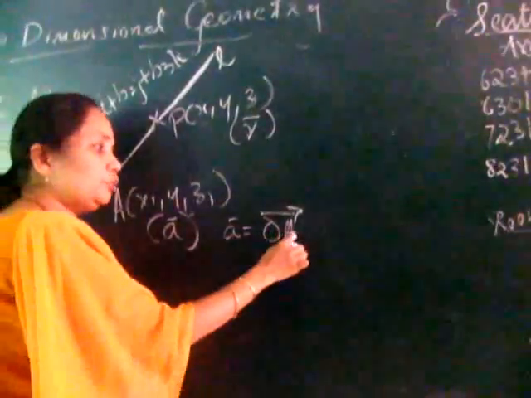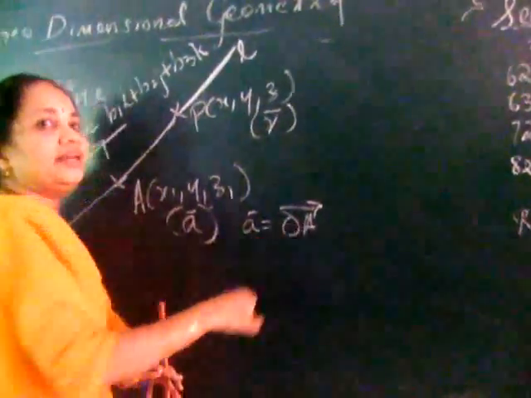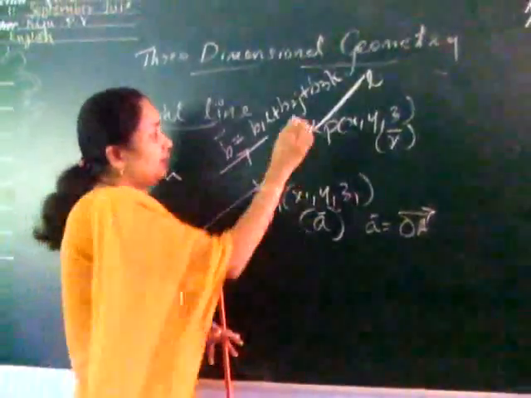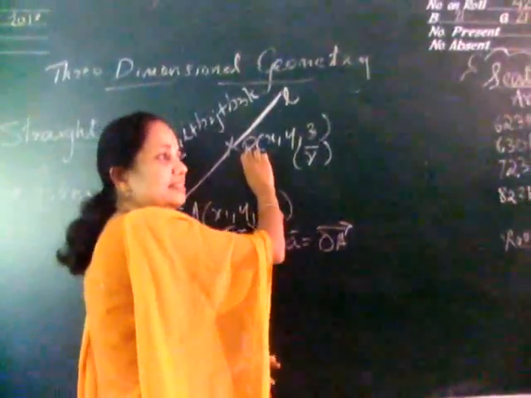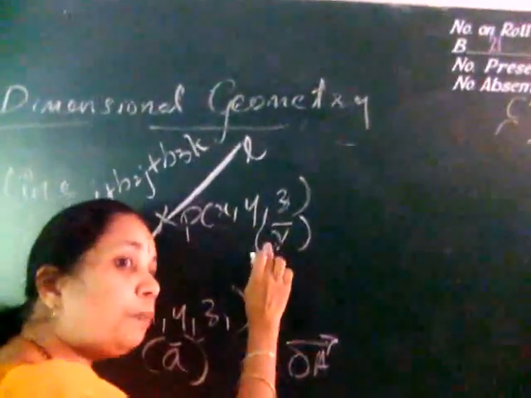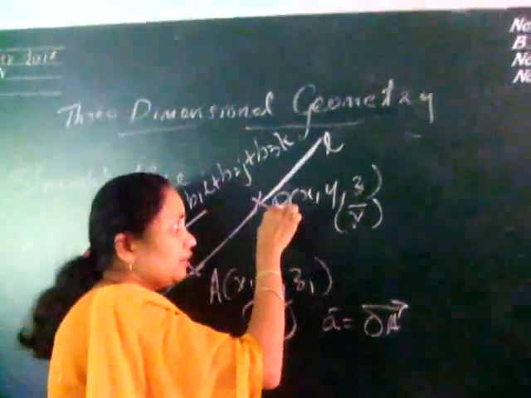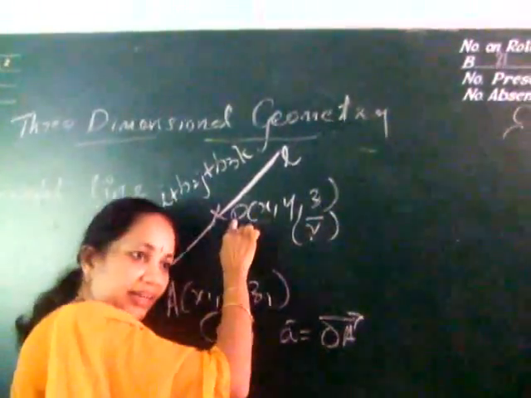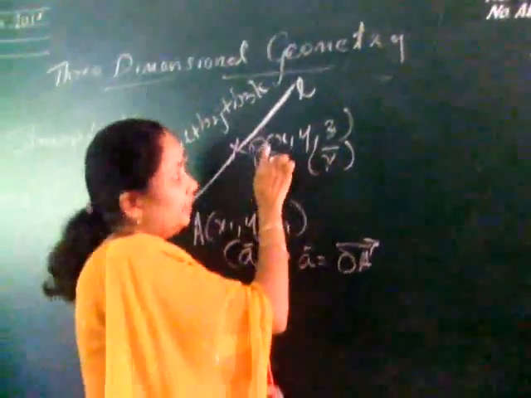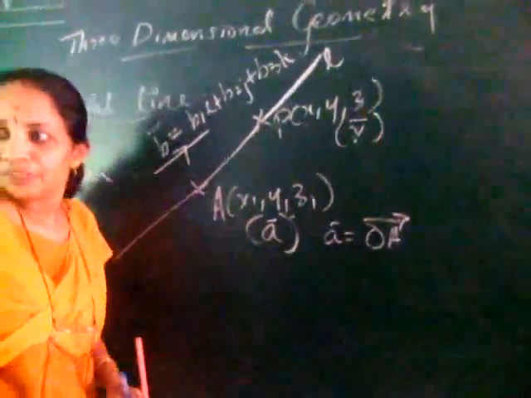So from origin to this particular point A, that vector is called the position vector of the point A. Similarly, the position vector of P is considered as R, but it is the same as OP. So the position vector of the point P is the vector directed from origin to P, OP. That is called the position vector R.